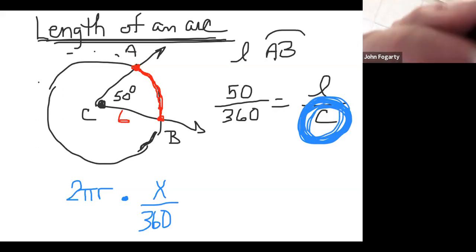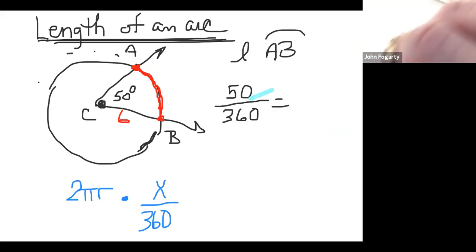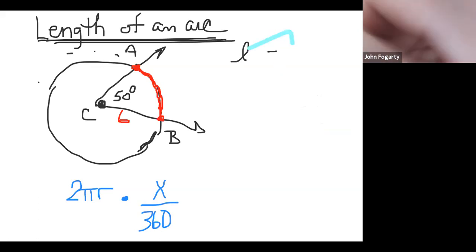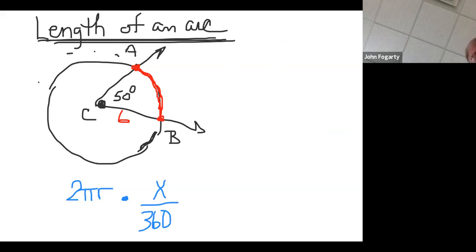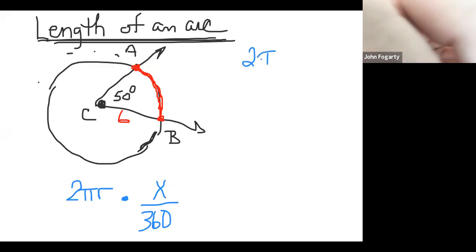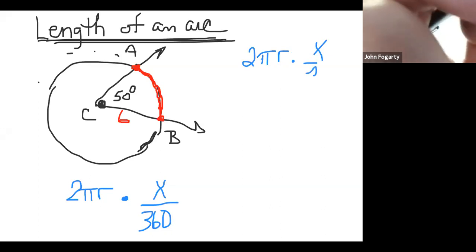So if I look at this picture, all right, what have they told me? Do I know the radius? Yeah. Look at that picture. Yeah, I know the radius. What is it? It's 6. So guess what I can do? I can take my formula. Let me write it up here. 2 pi r times x over 360.